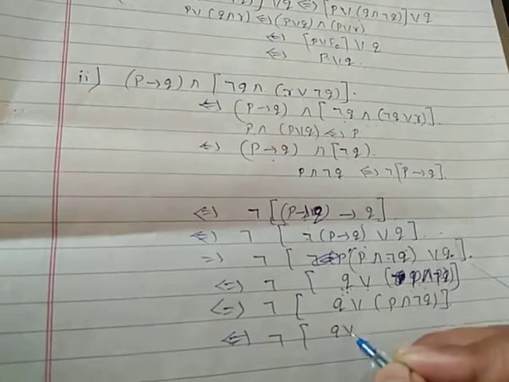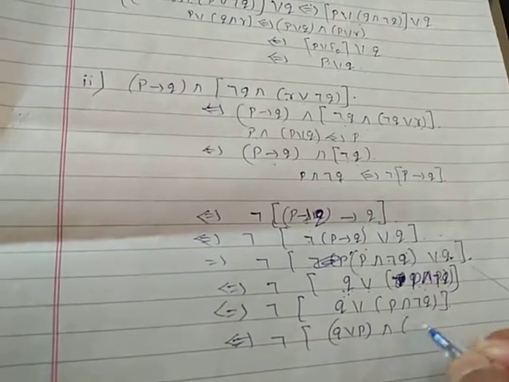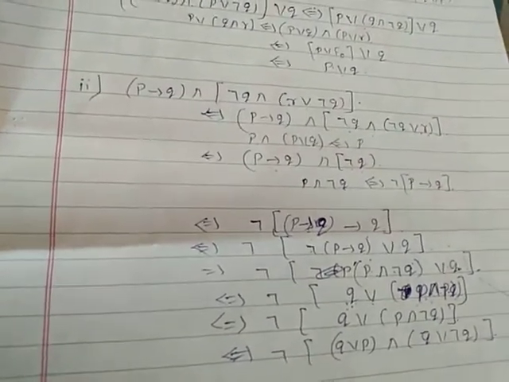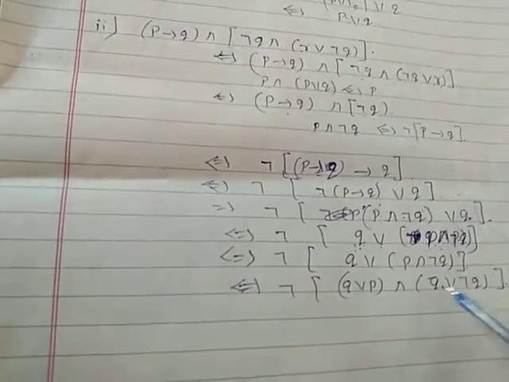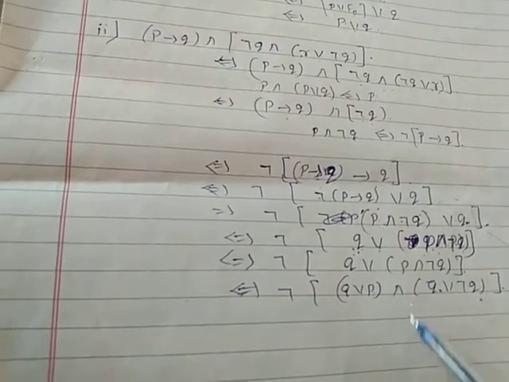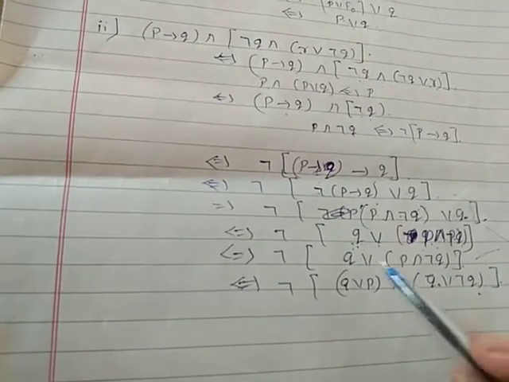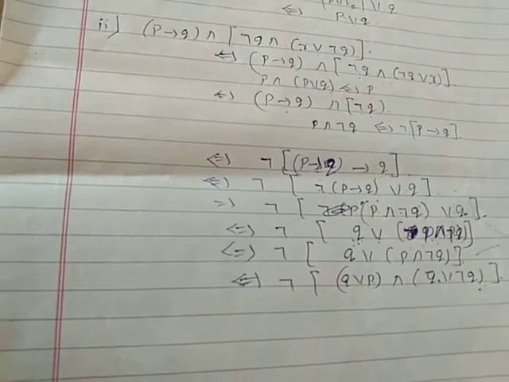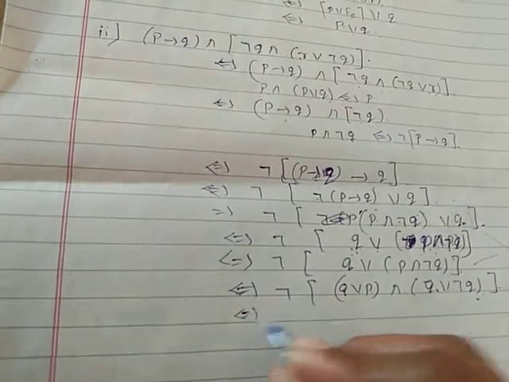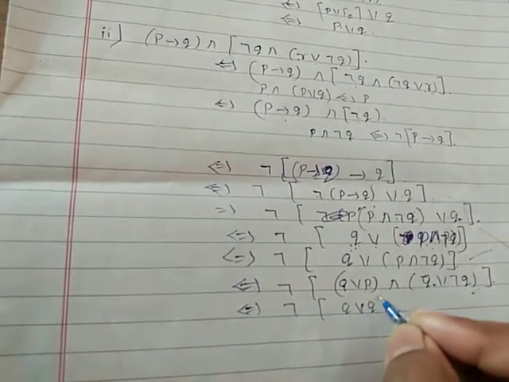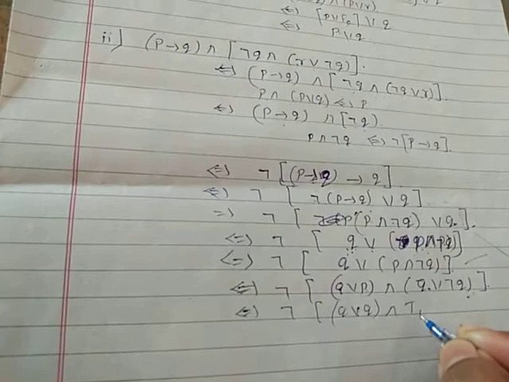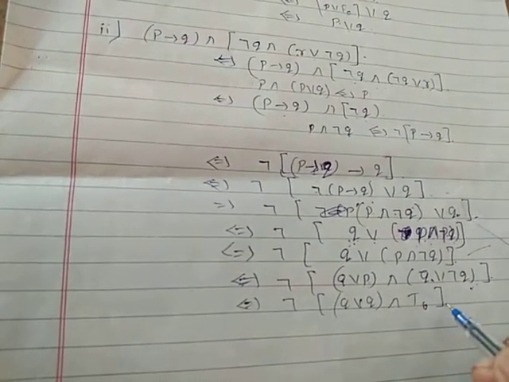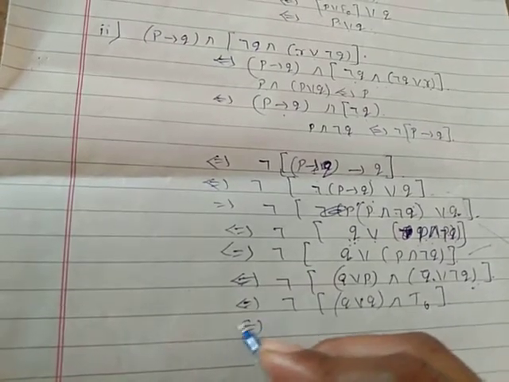(Q or P) and (Q or negation of Q). Using the distributive law here, Q or negation of Q, Q or P. Q or negation of Q is equivalent to T naught.